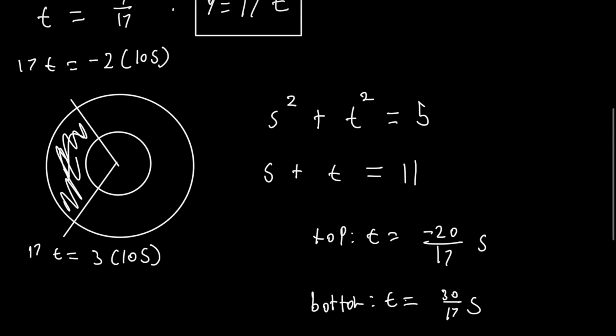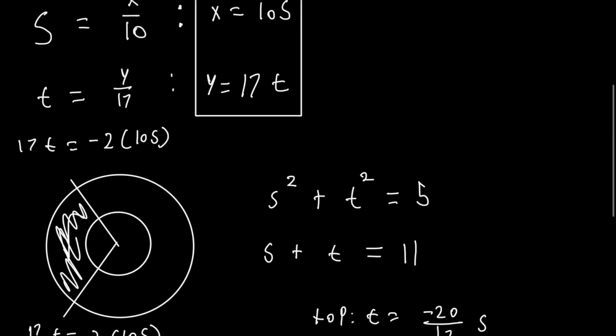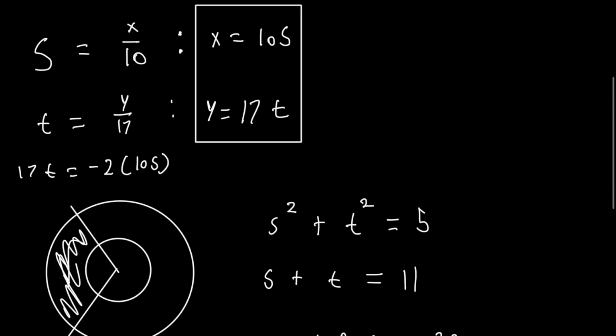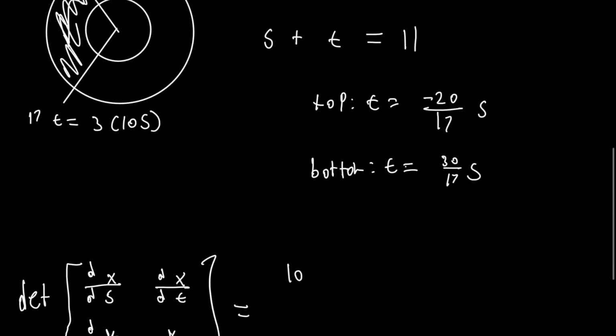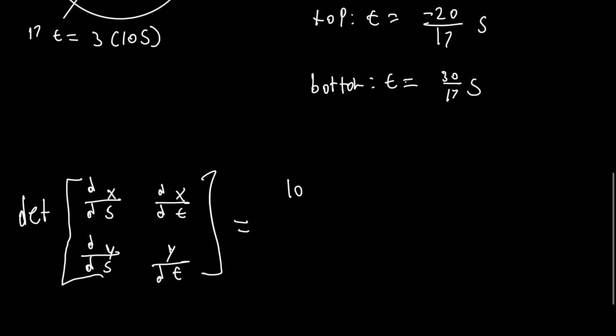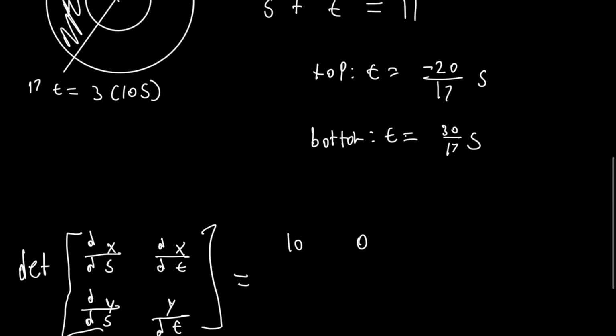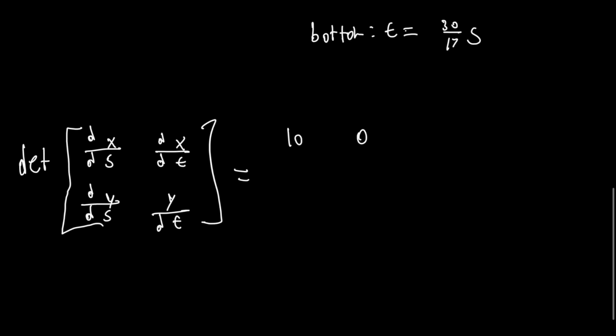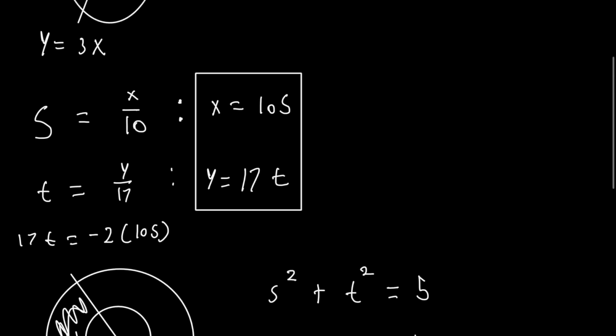Let's see. My x with respect to s was 10. My x with respect to t was 0, because there's no t value there. My y with respect to s is 0. My y with respect to t would be 17.